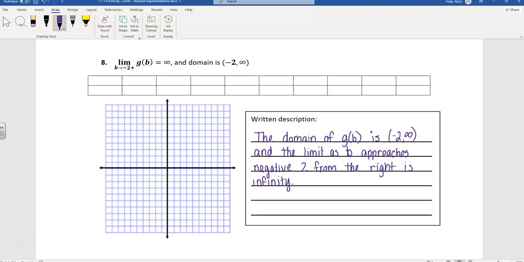Okay, so that should probably be your easiest part to do. You're just writing out whatever information they've given you in words.